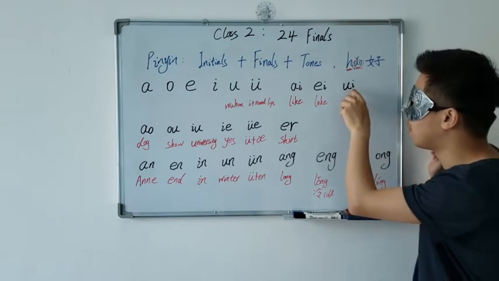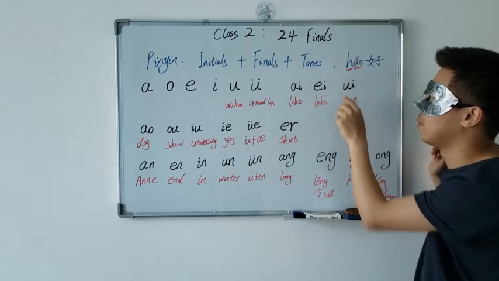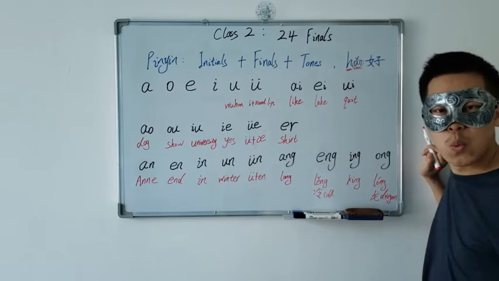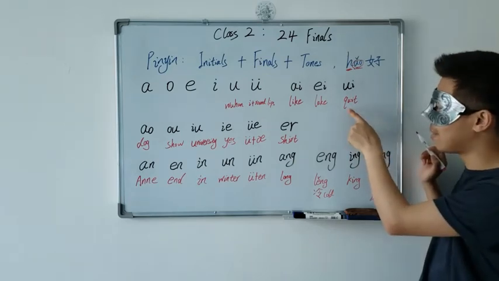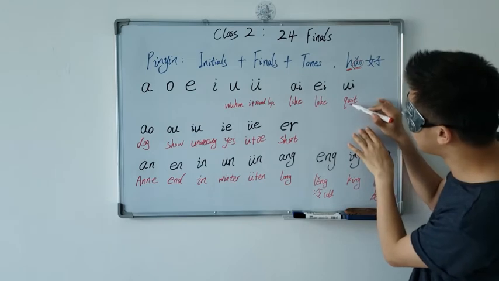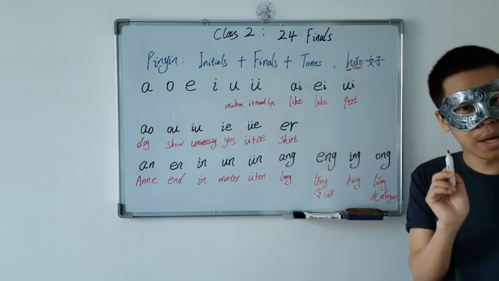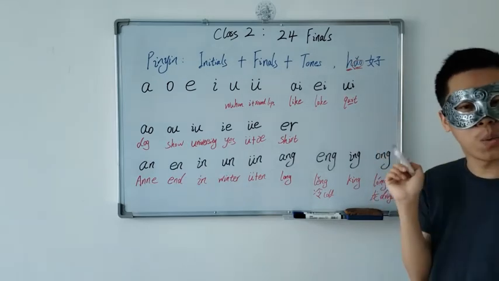The following one, this combined final, fixed final, is pronounced way. It's just like the English word quit. This part. We. Quit. We.